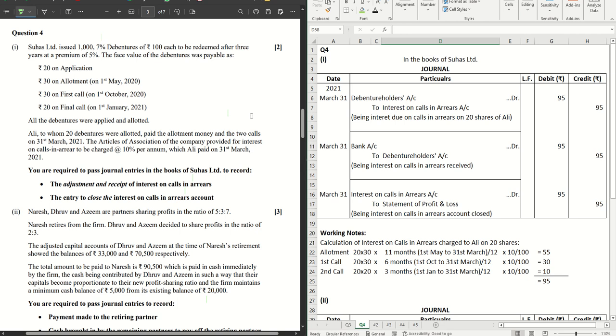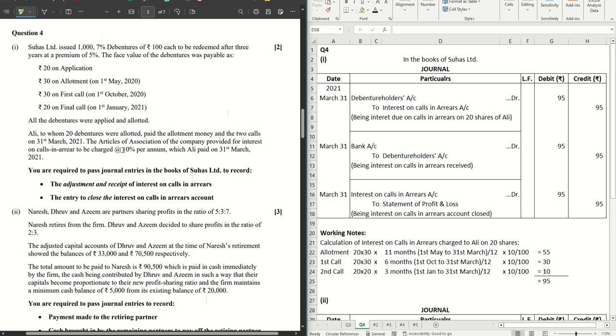This is in continuation of the previous video where we had solved question 3, and in this video we are going to solve question 4. This sum is on debentures and specifically on calculation of interest.